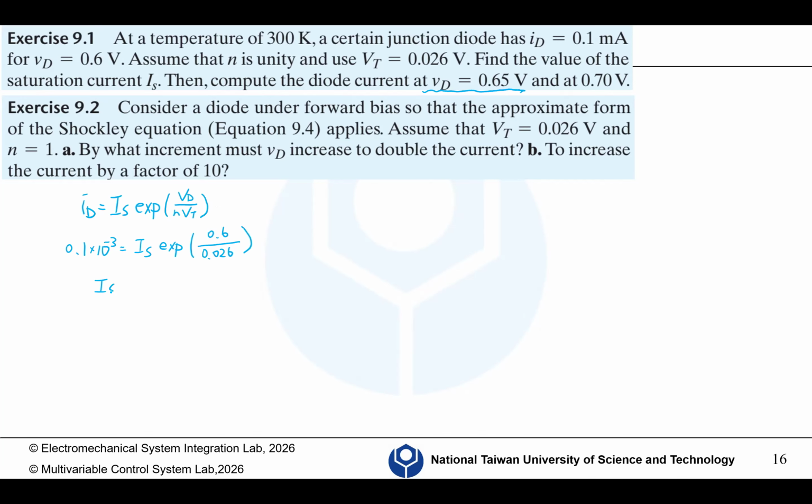You can easily calculate Is. So Is is ID, 0.1 times 10 to the power of minus 3, divided by exponential 0.6 divided by 0.026.